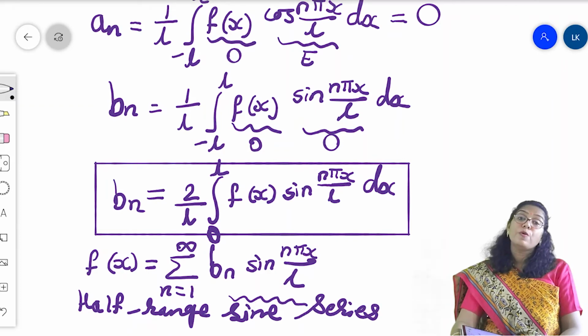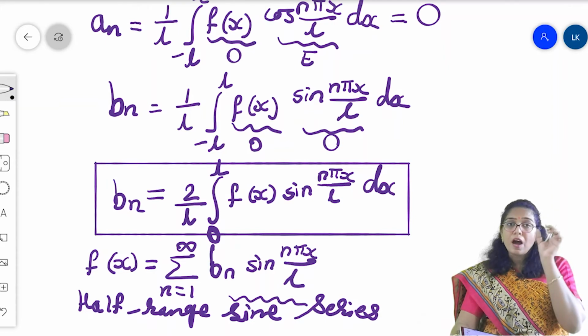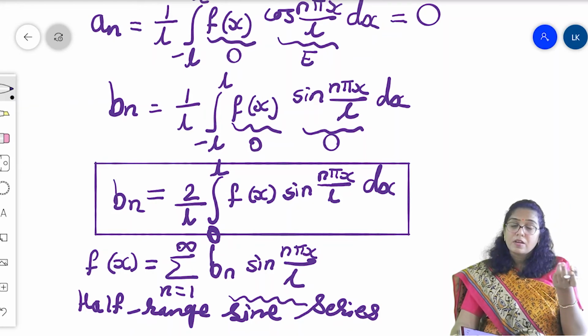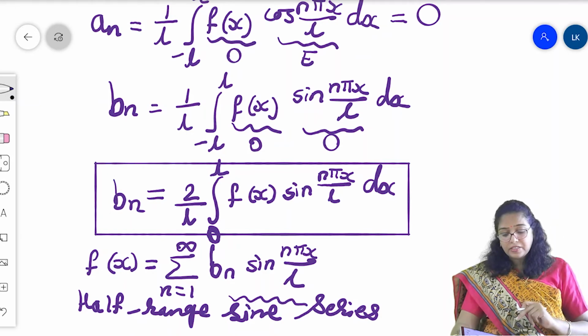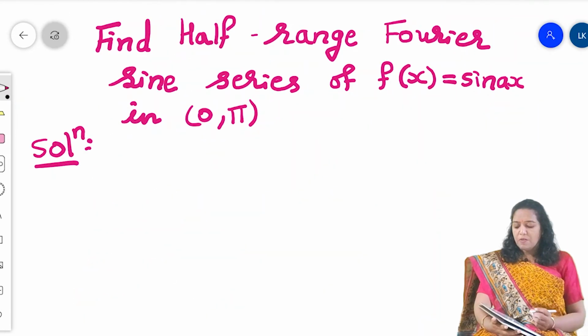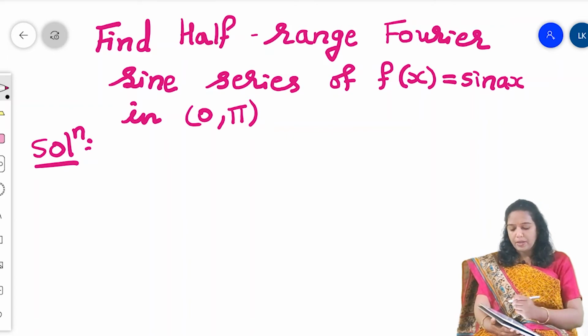Now we know both the formulas of the half range cosine series and the half range sine series. In the half range cosine series, we have the terms a0 and an, and in the half range sine series, only the term bn. Okay. We want to see an example of the half range Fourier series of f(x) equal to sin(ax) in the interval 0 to pi.